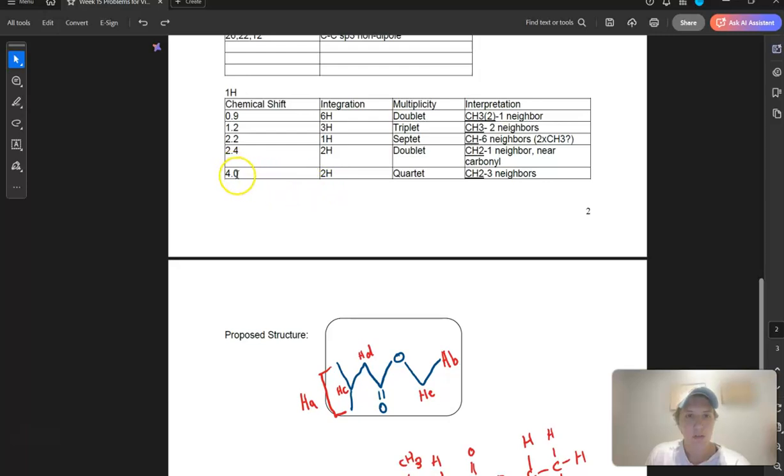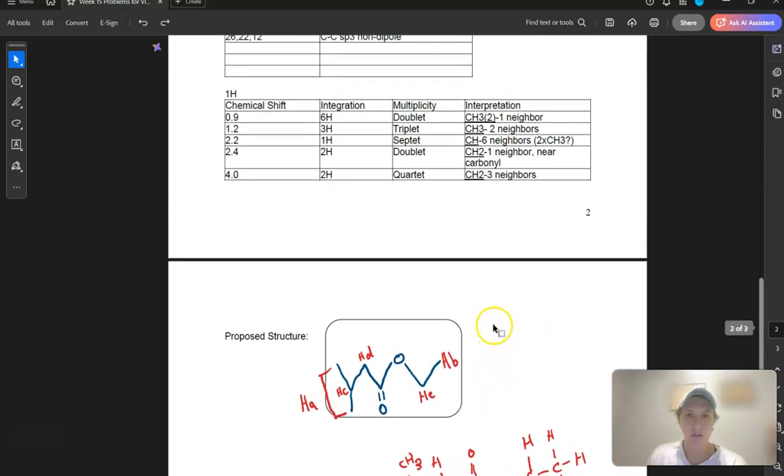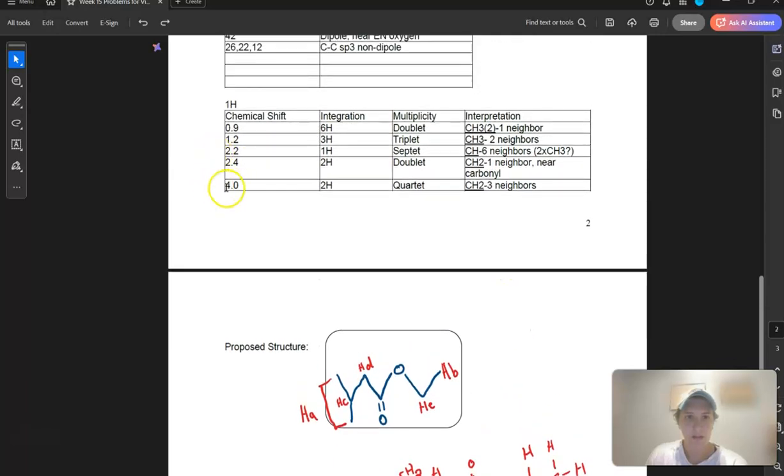So this one, most downfield, two hydrogens, and it's a quartet. I'll go through the interpretation as I show you how I got the structure. First thing I did was draw the ester. I knew for a fact that we had an ester, so I drew that out. And then this is clearly closest to that electronegative atom. It's at 4.0 within that range.